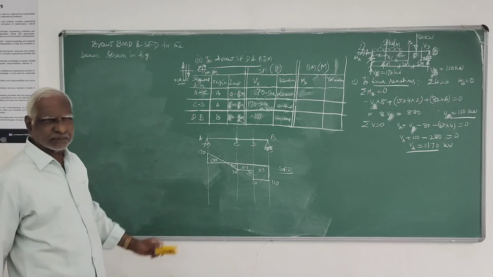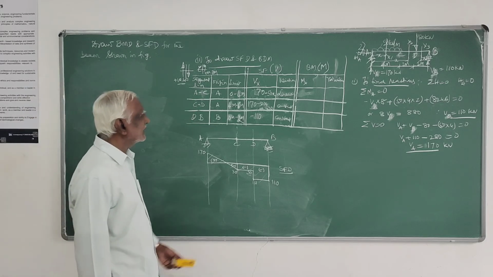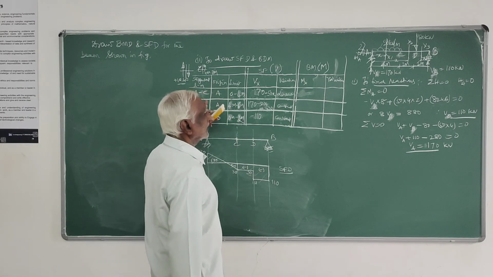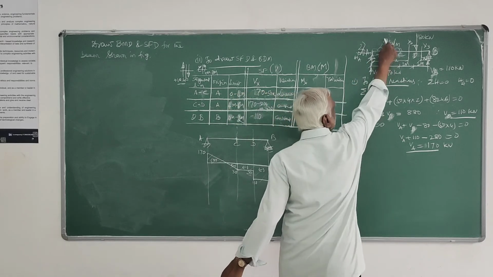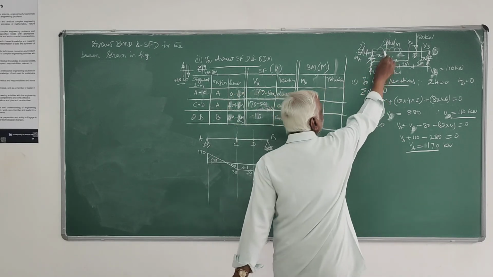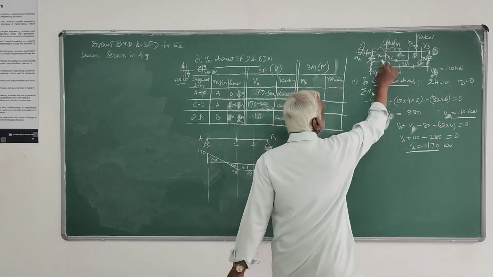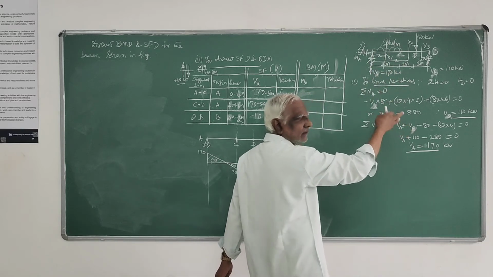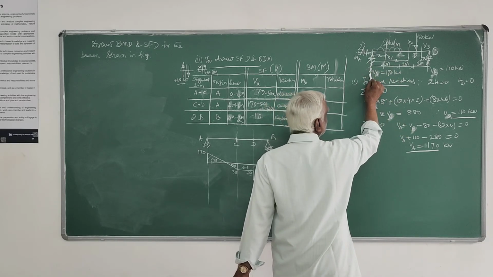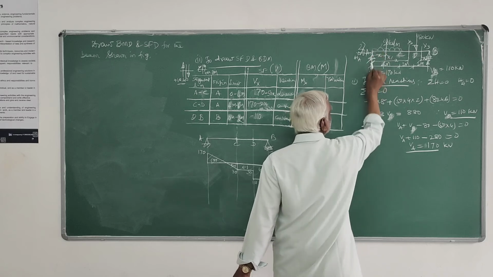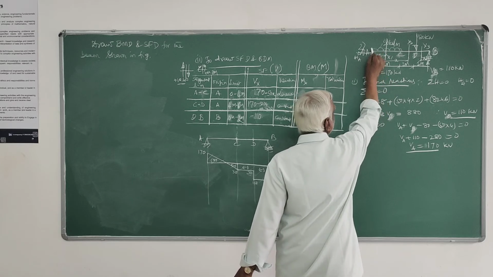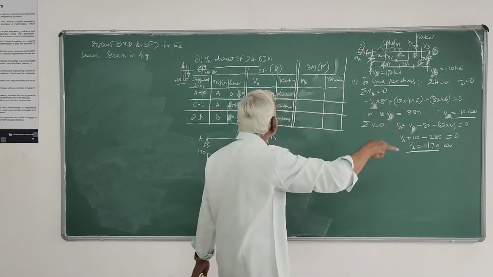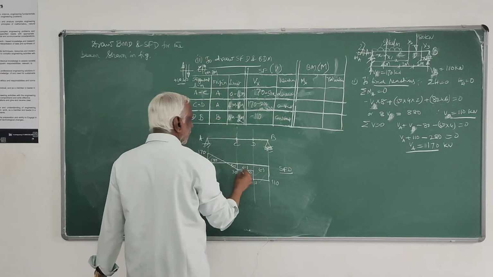Next, the same procedure for bending moment. AC portion, the same section at x1. Bending moment, as per definition, is the algebraic sum of moments due to all loads. So first this load, that is 170 into x, that is clockwise, positive.